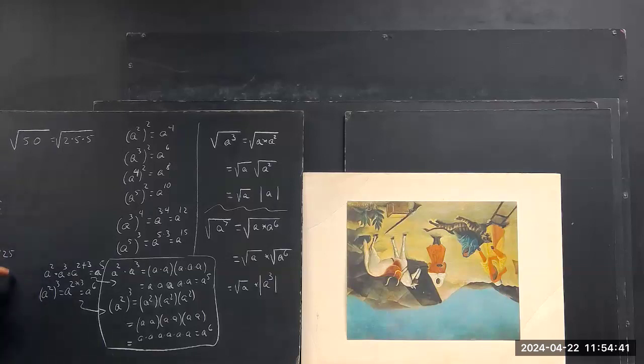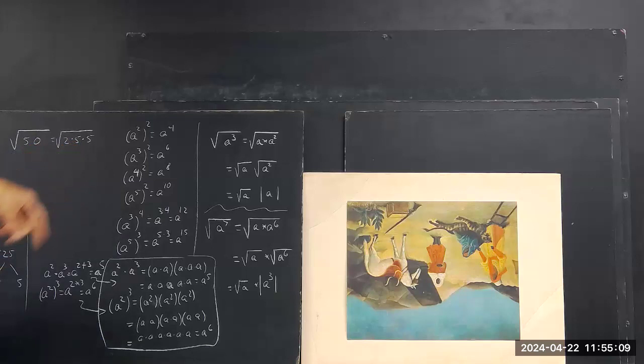And 2 goes into 50 25 times. So 50 is the same as 2 times 25. 25 is the same as 5 times 5. So 50 is the same thing as 2 times 5 times 5. All these numbers are prime. They can't be divided by any other number except 1. Okay?